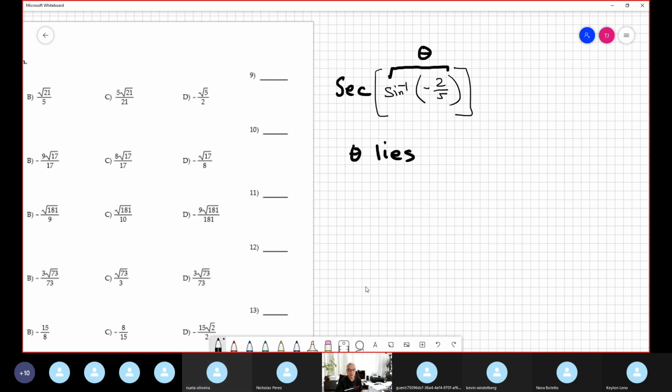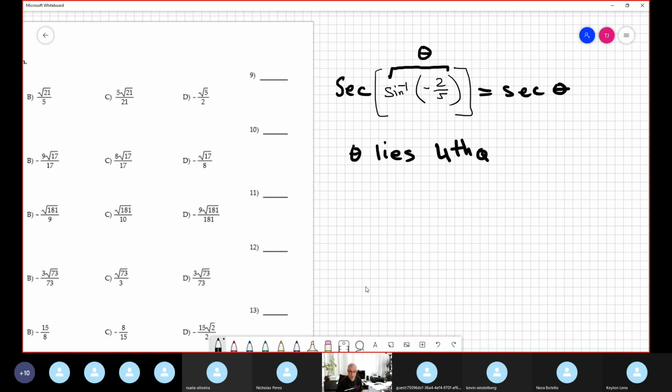Fourth quadrant, very well. And after that, we compute one angle theta in the fourth quadrant, and sorry, it's not sine, it's secant. The final is easy. You need to understand that theta lies in the fourth quadrant.